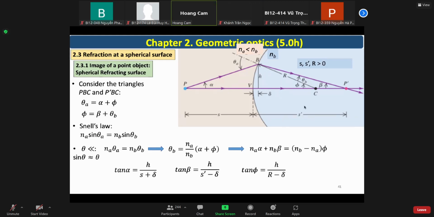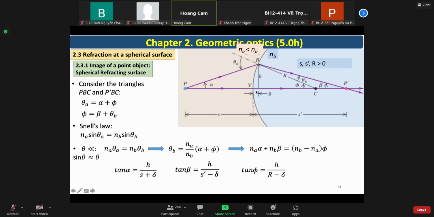more closely. We see tangent of alpha equals the opposite, which is h here, from this point to the optical axis, and we also have delta, the distance from V to this projection point. So we have tangent of alpha equals h over this length, right?